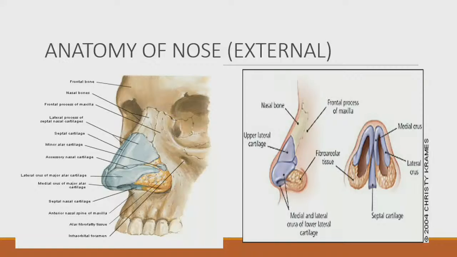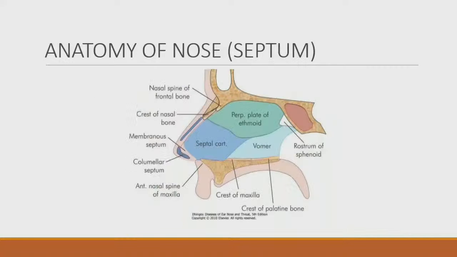The septal cartilage caudal part and the medial crus will form the caudal part of the septum. Also the fibro-fatty tissue forms the remaining part of the intercartilaginous junction. The septum, as we know, is made up of bone and cartilage.